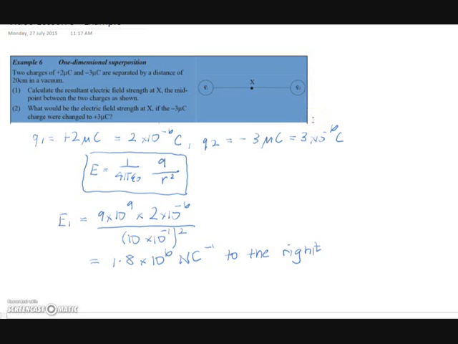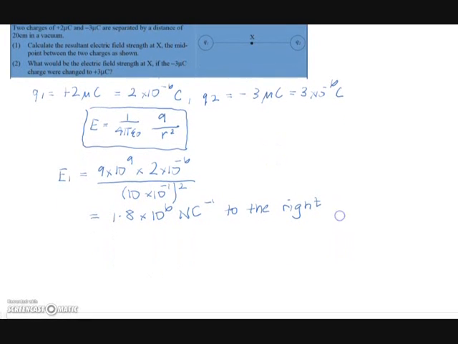Now we have to figure out the electric field strength E2. There's a couple of ways to do it. We can do it by proportionality, which is the way the examiners like to do it. So let's do it that way first.